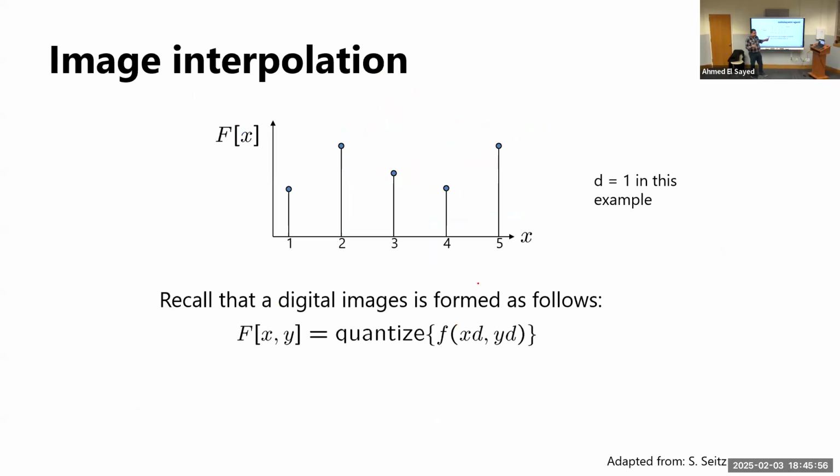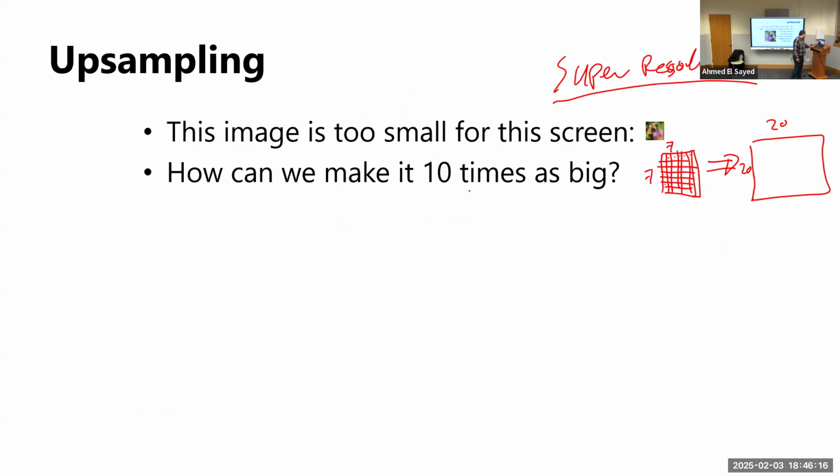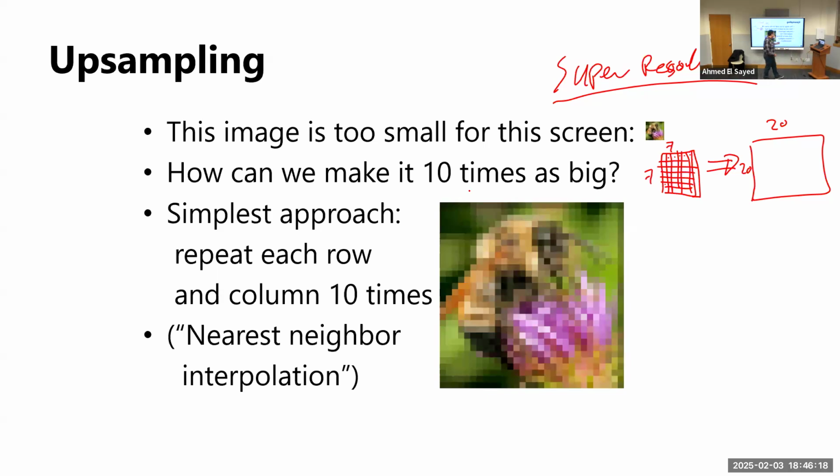I have specific values for the function or for the image, and I want to guess those intermediate ones. How can I do that? One of the techniques is called nearest neighborhood interpolation.